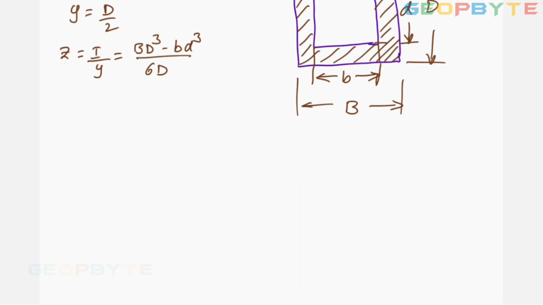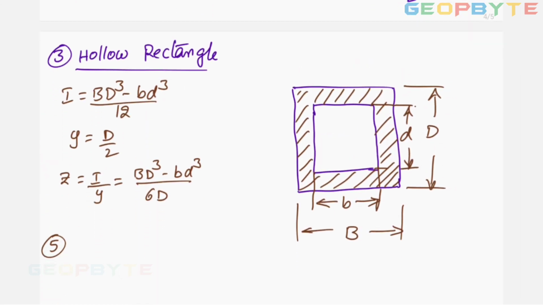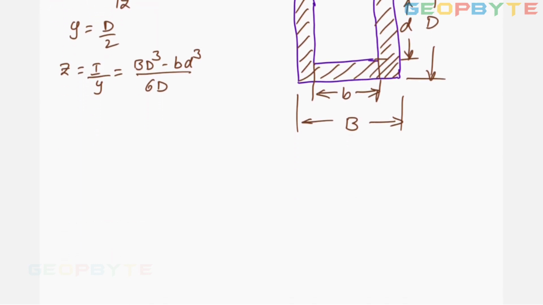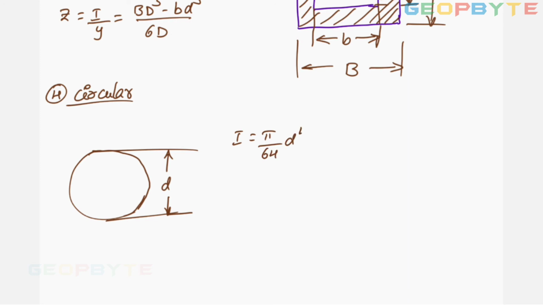Similarly, the solid circular section of diameter D. This is the diameter D. For the circular section, I equal to pi by 64 into D power 4. y equal to D by 2.